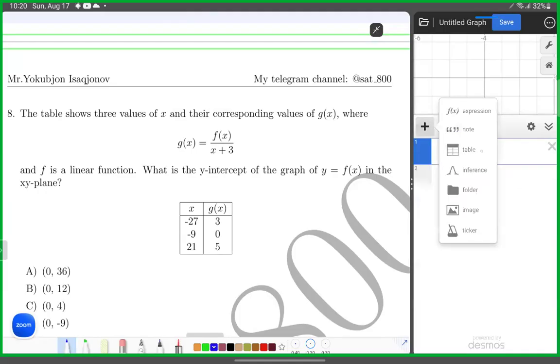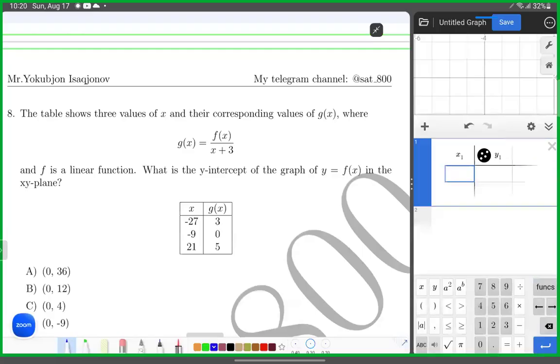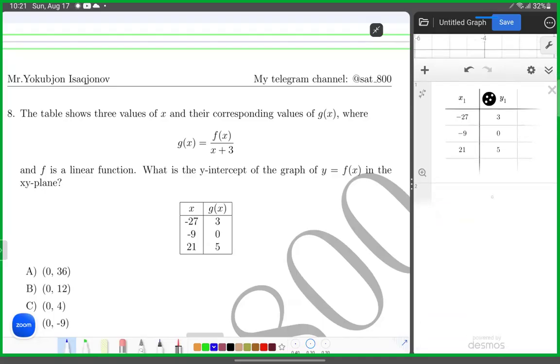We will create a table here, and the points are minus 27 and 3, minus 9, here is 0. Basically entering 2 points is enough, because for fully defining a linear function we need only 2 points.